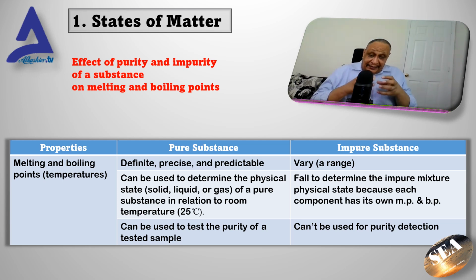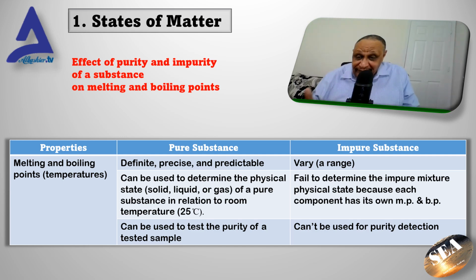If this substance I use heating and I keep raising heat, it doesn't melt at below 25 degrees centigrade. Then it goes up and up and melts above 25 degrees Celsius and boils above 25 degrees Celsius.